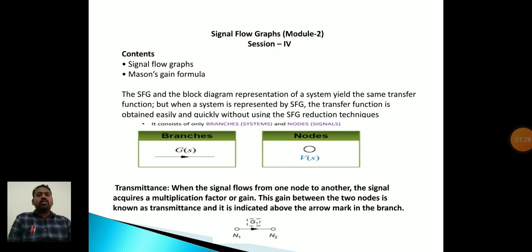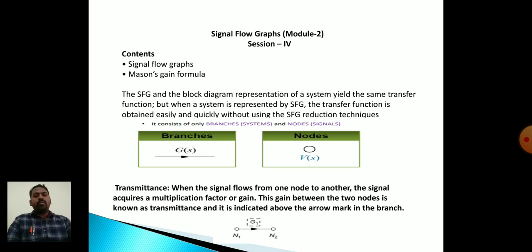So here, when the system is represented with a signal flow graph, the transfer function is obtained easily and quickly without using the block diagram reduction techniques. Sometimes you will directly give the signal flow graph diagram and ask to get the transfer function.